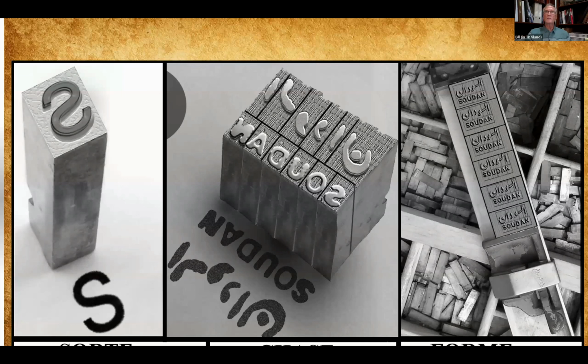Stereotype printing involves the use of letters and symbols called sorts, which are inserted into brackets known as a chase to form a desired word, phrase, or design. In this case, the letters were inserted to spell Sudan in both Arabic and Roman script.